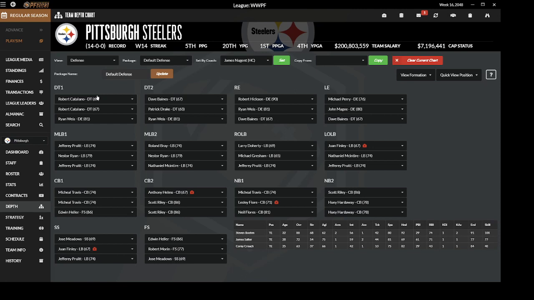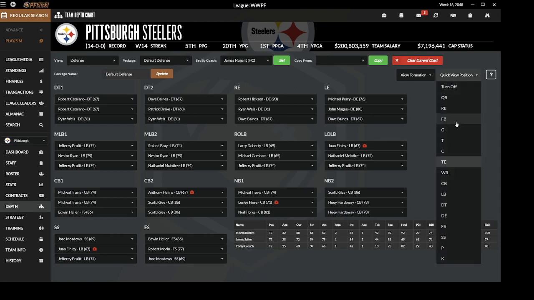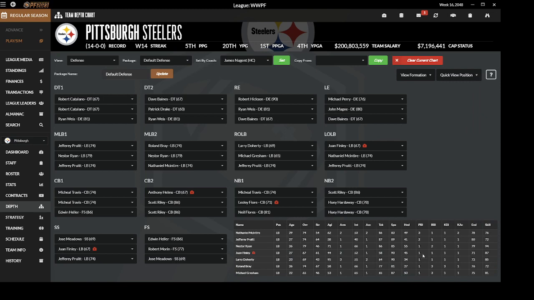Playing people out of position when it comes to nickel backs and strong safeties, I do that all the time, and I do it fairly successfully. Like Juan Finley is an ungodly fast linebacker. He is a 93 speed. There are times where I will actually play him as a nickelback, or I'll play him at strong safety if I'm going against people who are fast.